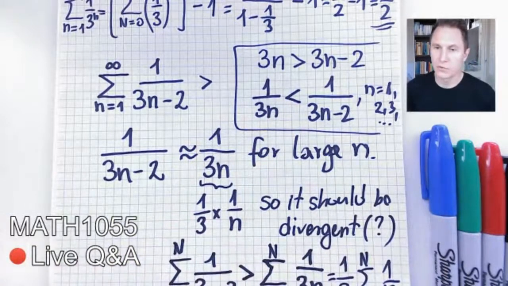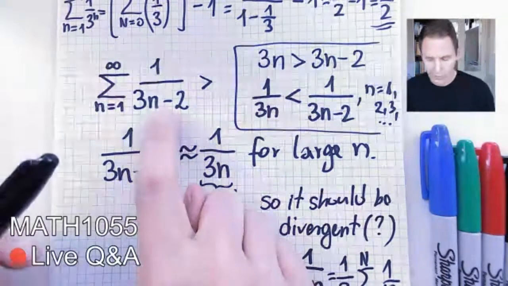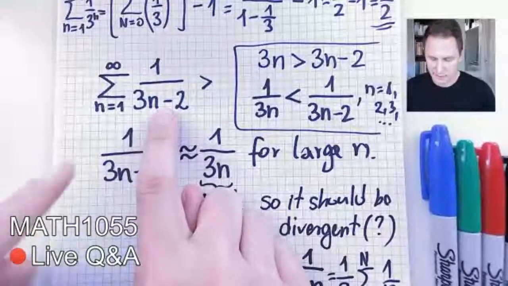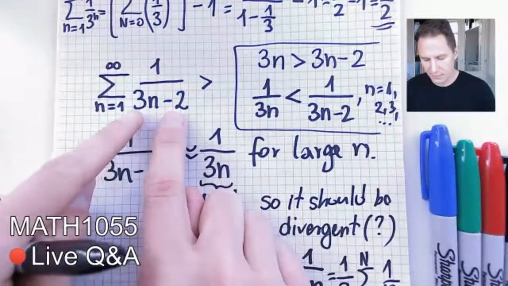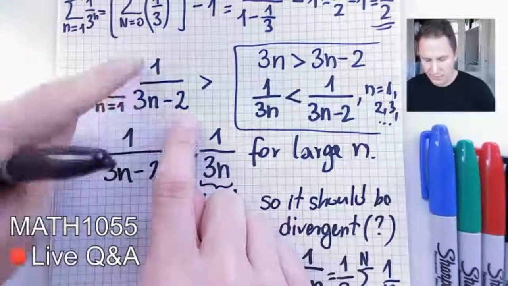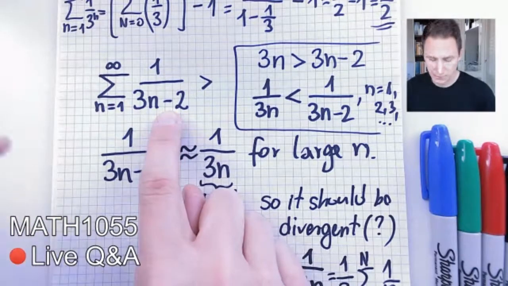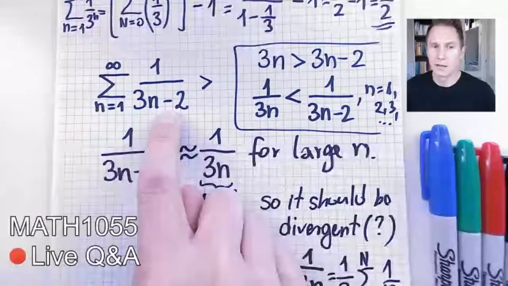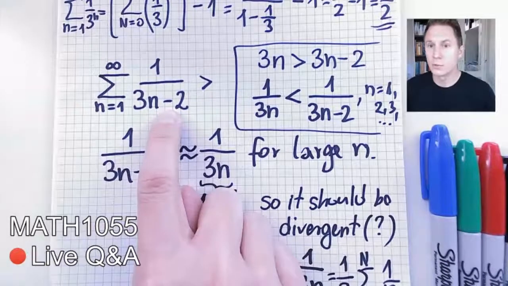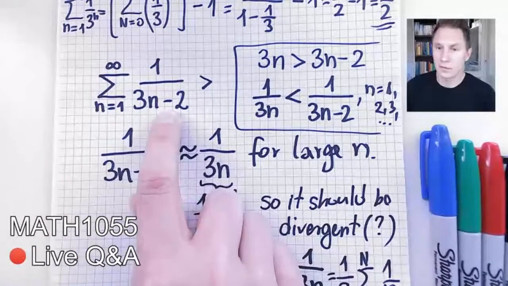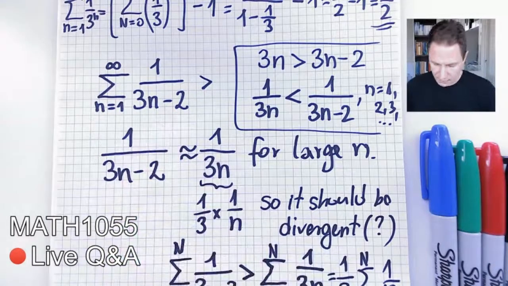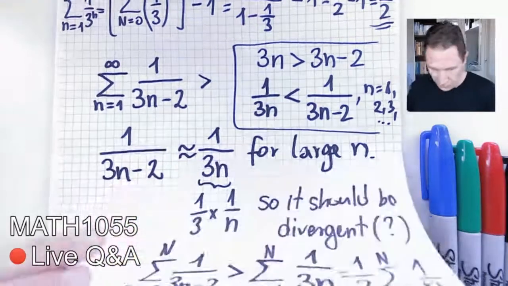So I couldn't just do this. But then what we could have done is, of course, 1 over 3n is greater than 1 over 3n plus 2, but 1 over 4n, let's say, should be smaller, starting at some index, than 1 over 3n plus 2.